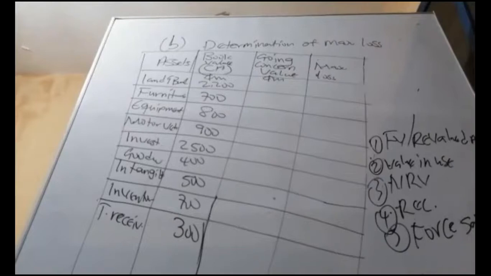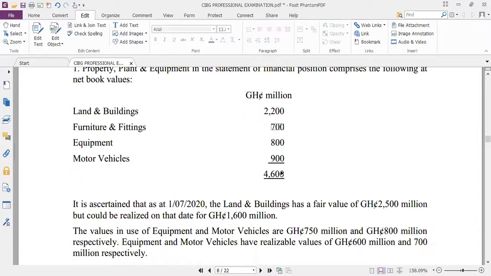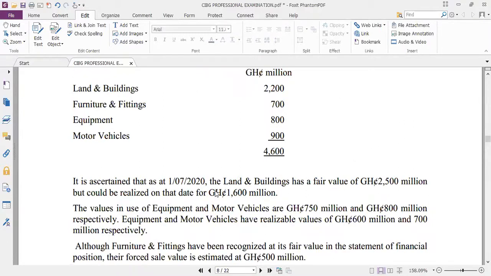So now we are going to the footnote. Kindly select the right figure for us. Good. Now let's go together. Here we are. So you are looking for the fair value or value in use, that's the going concern value.